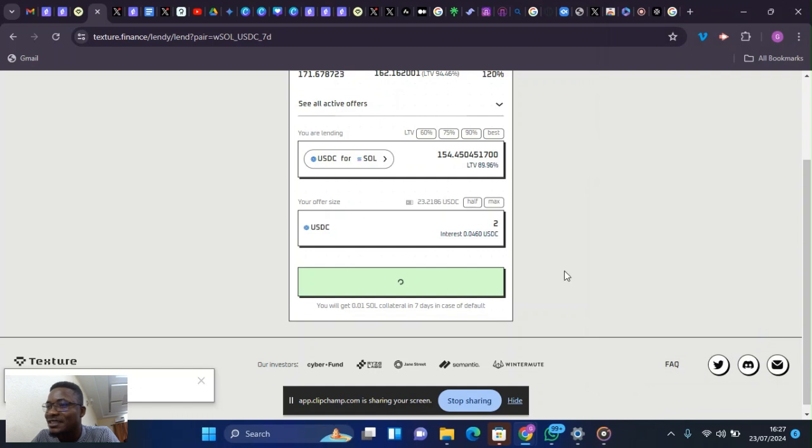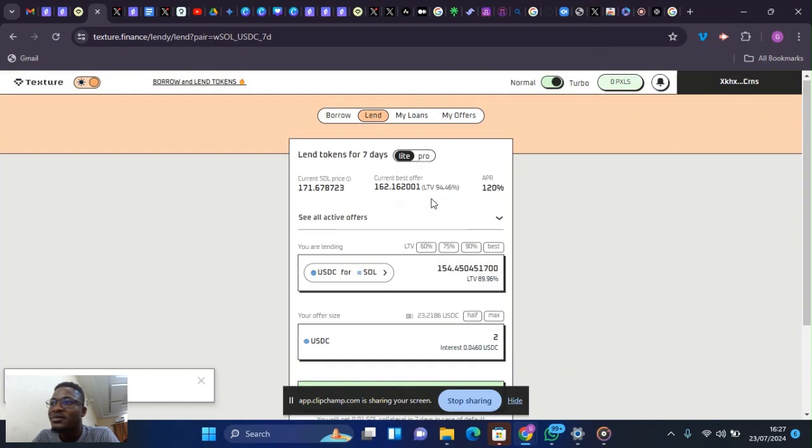That will be it. This is how Texture works, and every activity I do here, I am being rewarded with points, some PXLS. If I'm borrowing or lending, my points will be increasing.